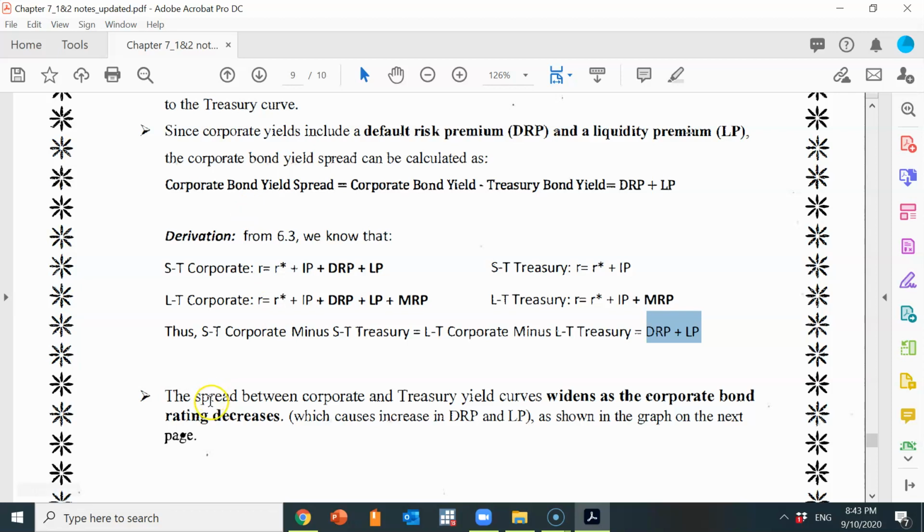This spread between corporate and treasury yield curves widens as the corporate bond rating decreases, because when the rating decreases, the firm becomes riskier. So the default risk premium and liquidity premium will increase because of the higher risk.